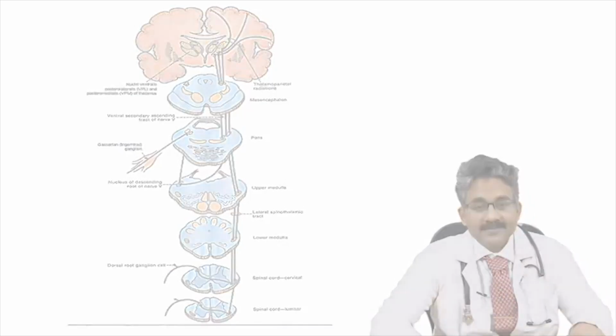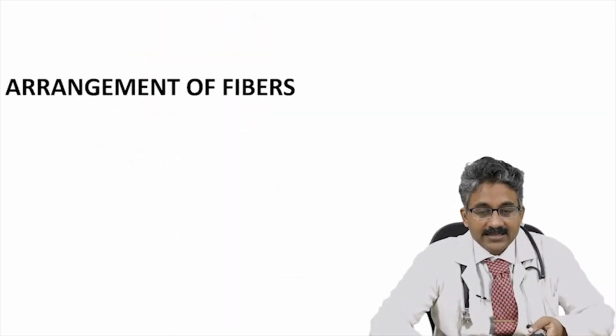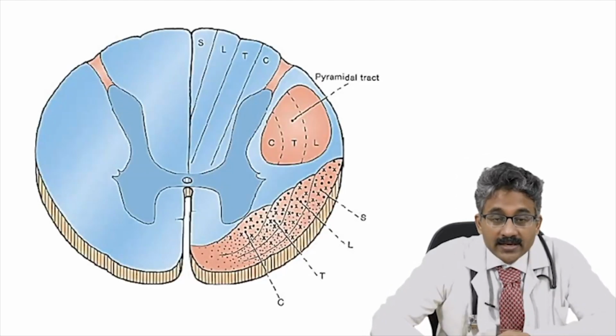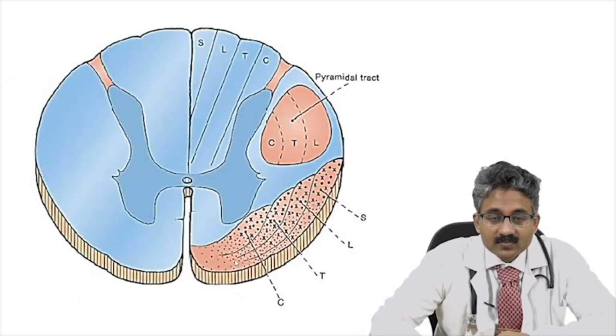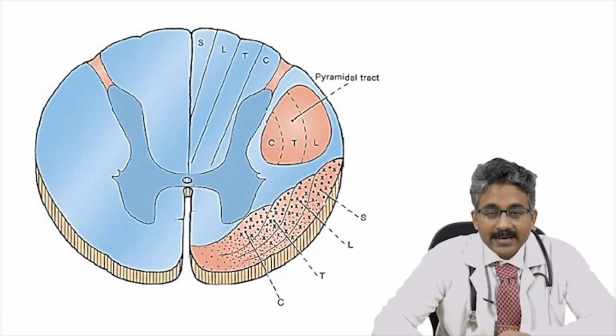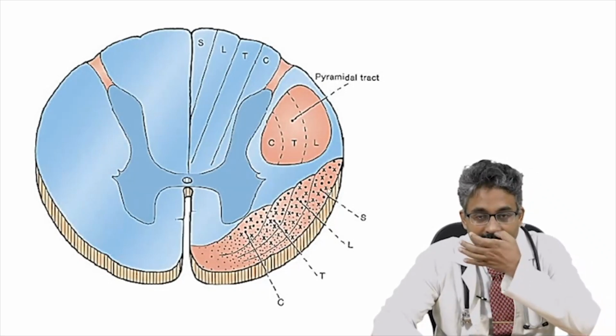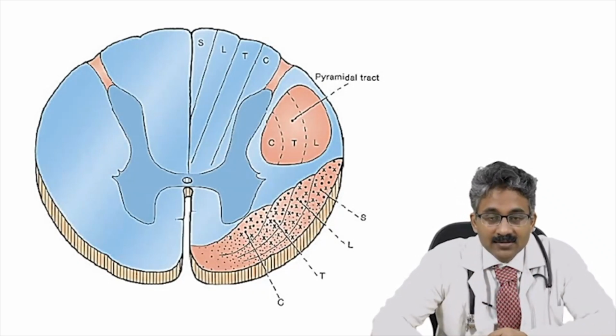Right. So, how is the arrangement of fibers in the spinal cord for touch, pain and temperature? Here, the pink ones are pain and temperature fibers. Sacral fibers are laterally situated and cervical fibers are medially situated.